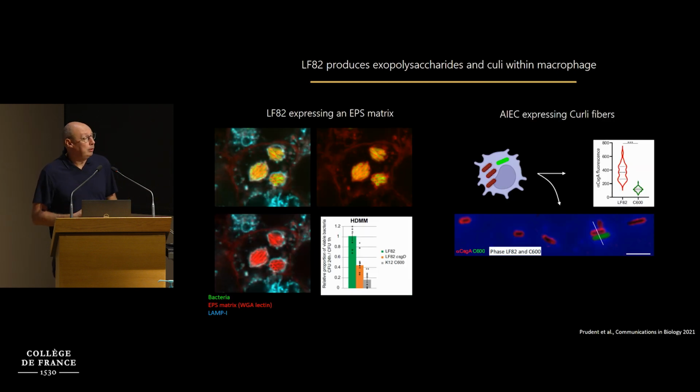So biofilms are also formed with a matrix, and we tried to identify this matrix within these small vacuoles with different types of labeling. Here are a few examples. We have a labeling of the exopolysaccharide matrix with WGA lectin, and you can see this very nice labeling on each bacterium inside this vacuole.